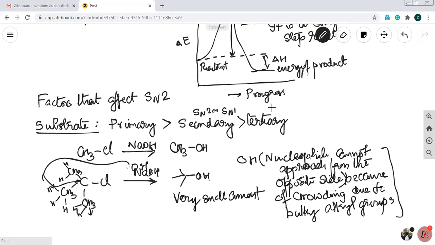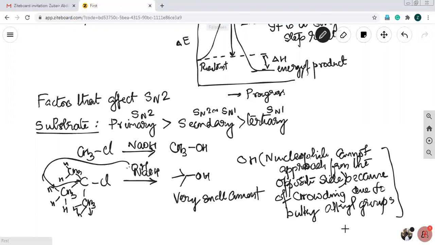And tertiary will undergo SN1 substitution. So this is the order of reactivity for SN2, right? Tertiary substrates are least reactive under SN2 condition. Now let us look at number two.